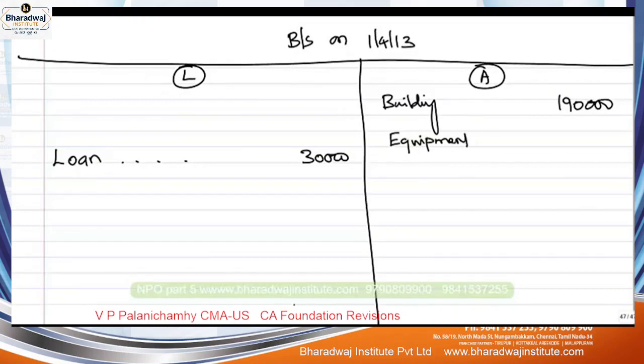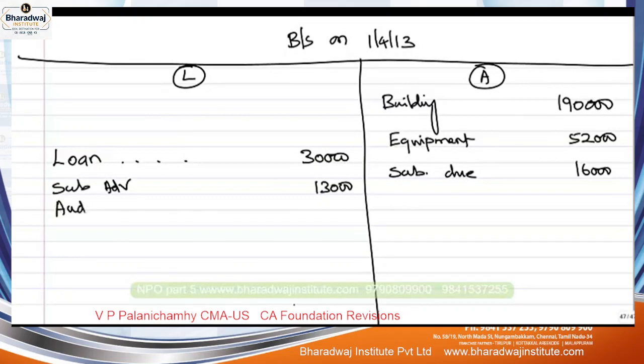Then equipment opening balance. Then subscription due. Subscription advance. Then audit fees outstanding. We paid only now, so it is outstanding for last year. Then outstanding salary.